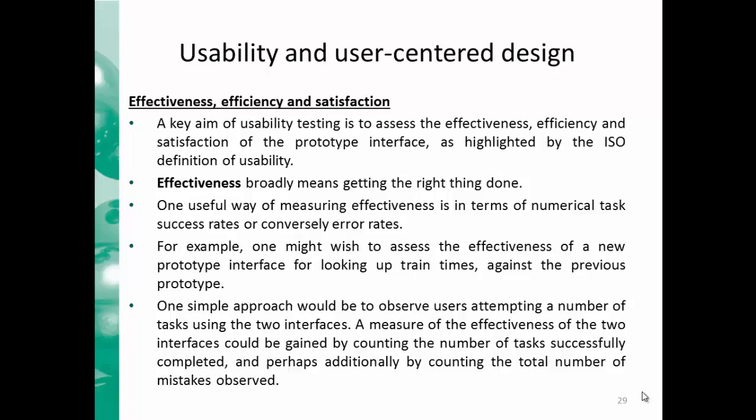Usability has some measures, and these measures are how effective and how efficient the interface is, and how satisfied the user is with the interface. How effective the interface is, that quality is called effectiveness, which means getting the right thing done.